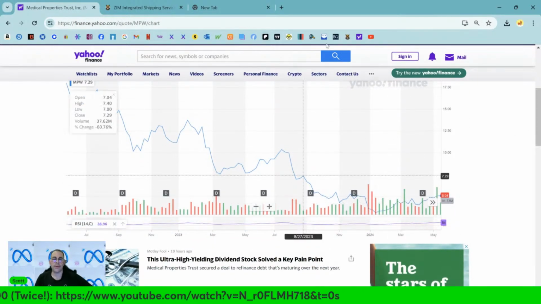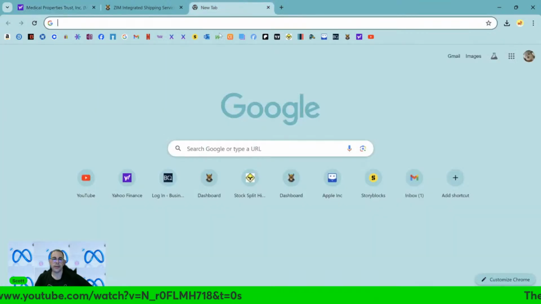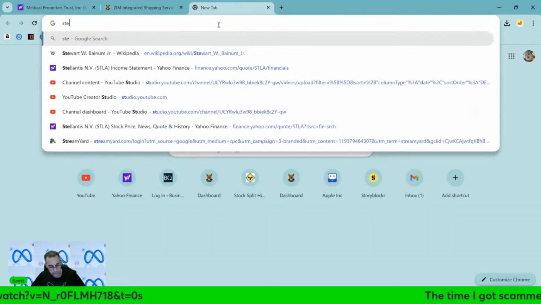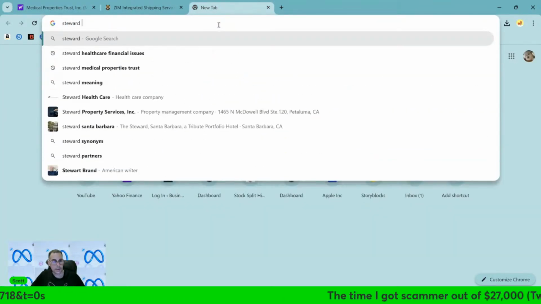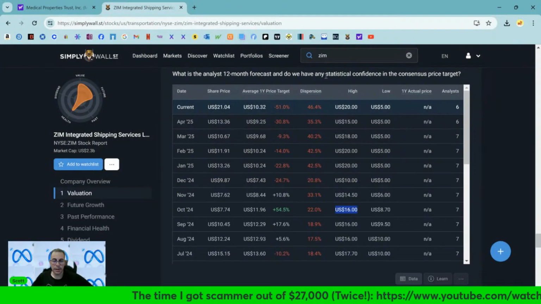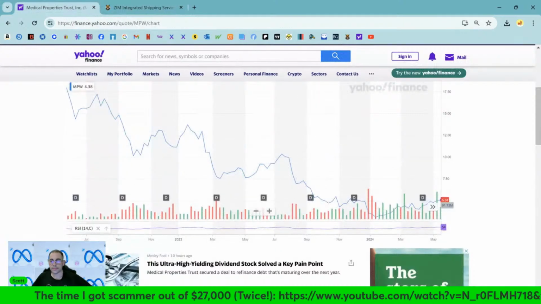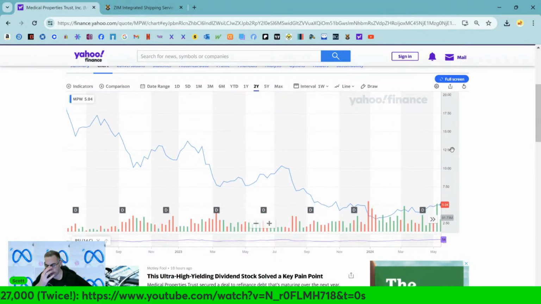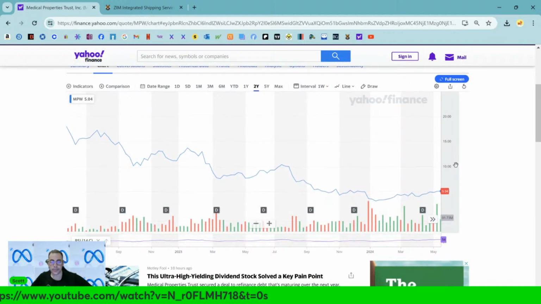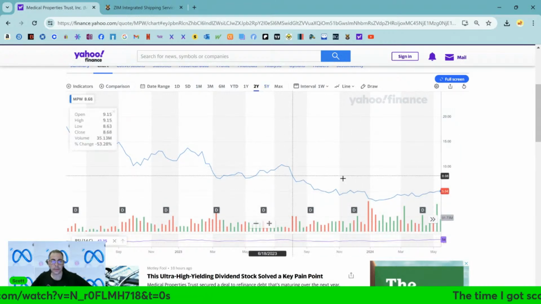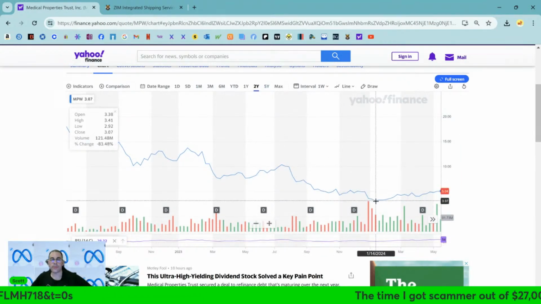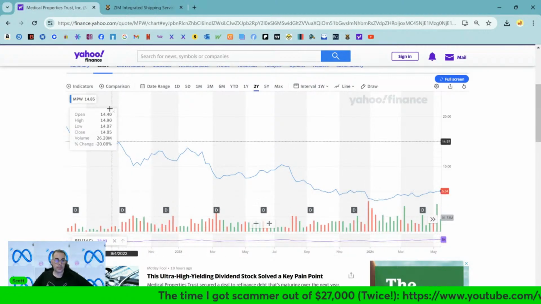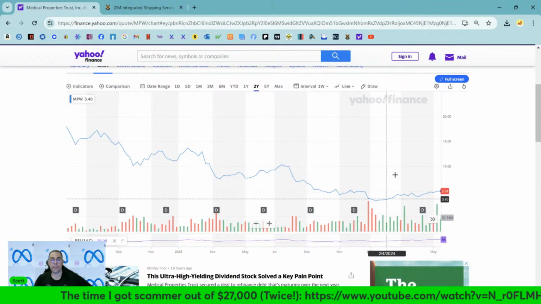That's the tenant, right? Yeah, Stewart is having trouble paying their rent. So MPW, and that's their biggest tenant. So if Stewart can't pay the rent, they may have to take some losses and possibly not pay dividends.